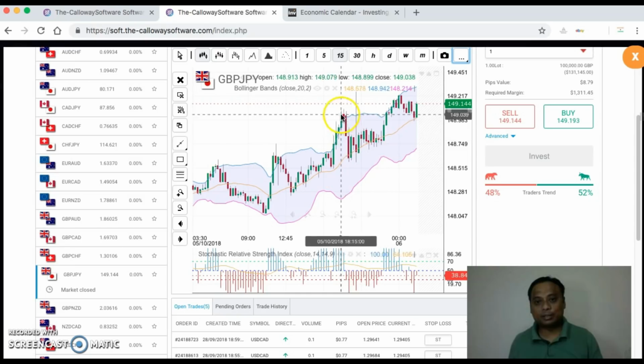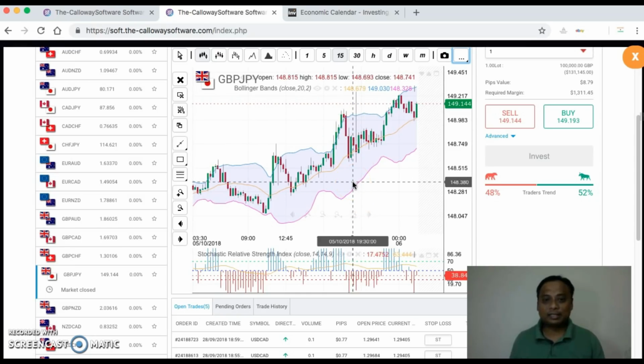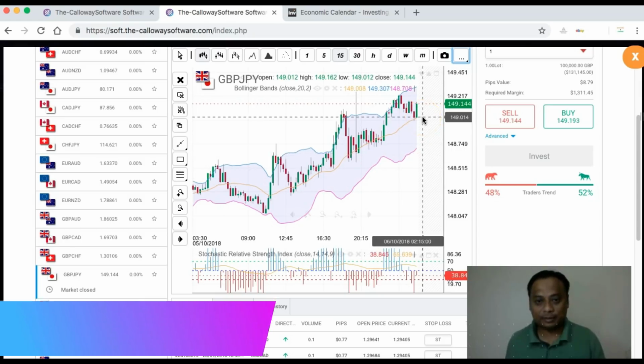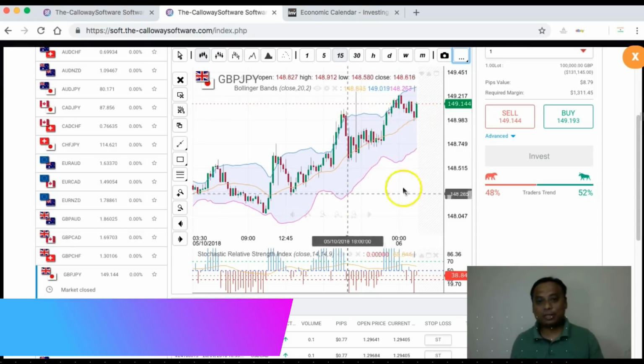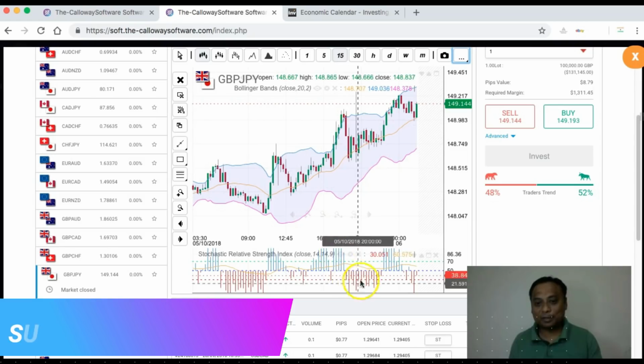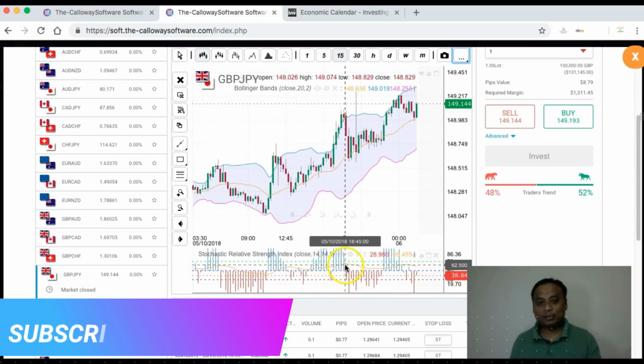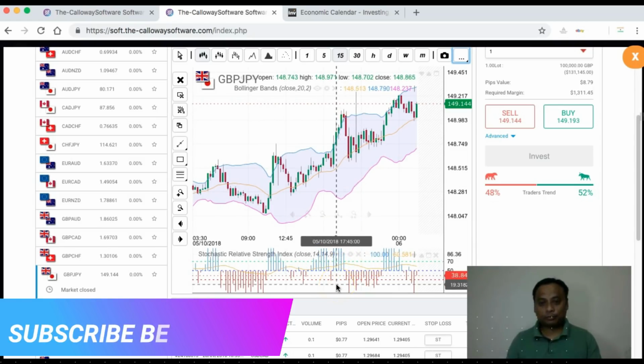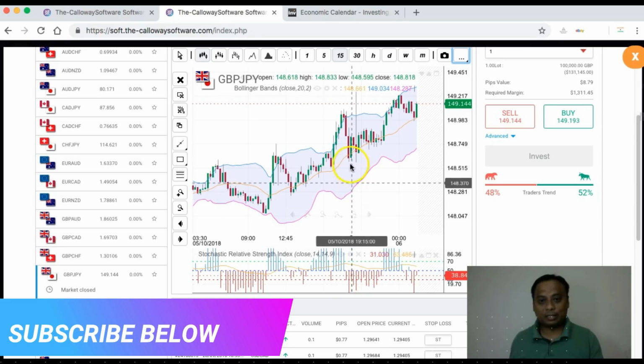Now sometimes the graph doesn't go down up to here because the trend is moving up. Okay, so how can this Bollinger Band help you out? By the RSI. RSI will help to find out when the graph will go up, when the currency pair will go up. Even if you're buying here, I will not buy here, I'll be buying here.